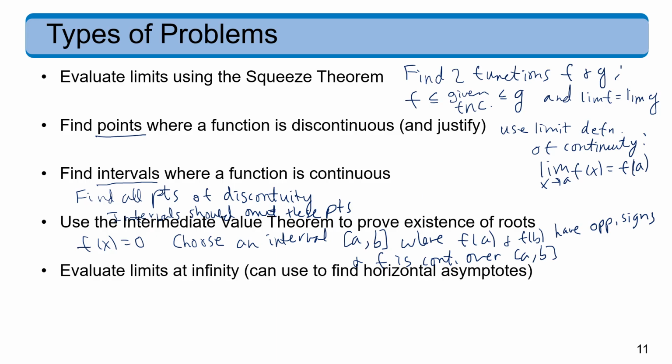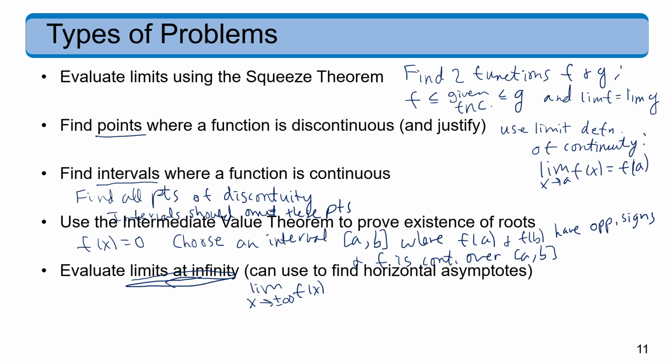Then we had more evaluating limits, but these are limits at infinity. So that's referring to limits as x approaches either plus or minus infinity rather than x approaching a finite number. Okay, so we review the techniques for how we evaluate these limits.